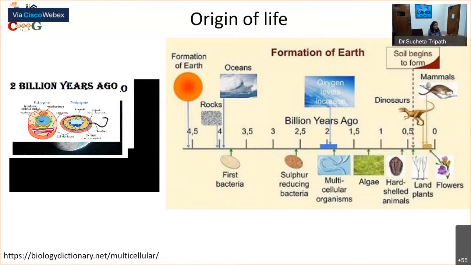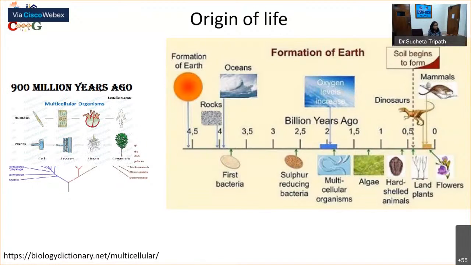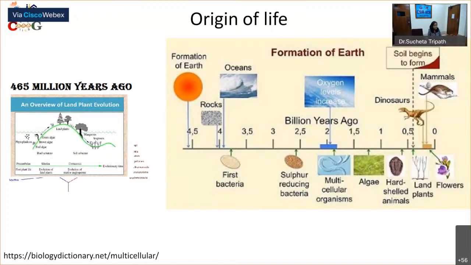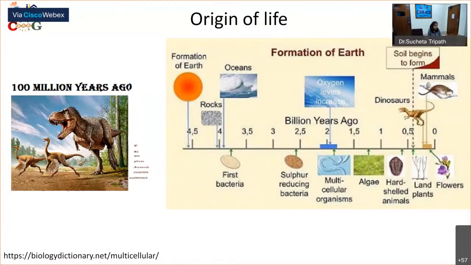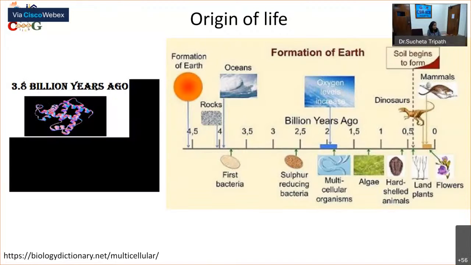Exactly how many years back life was created is not known, but the estimated time is about 3.8 billion years back. Earlier, people believed that the earliest form of life was RNA. But now there are conflicting hypotheses. Some say proteins, some say RNA. From there, self-replicating molecules started coming, and then smaller forms of microbes started coming onto this planet.